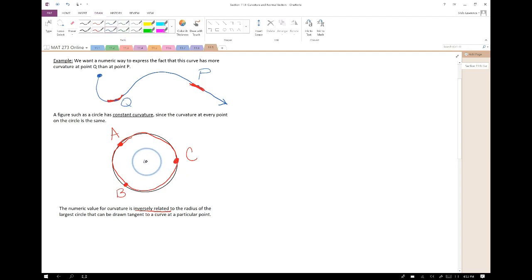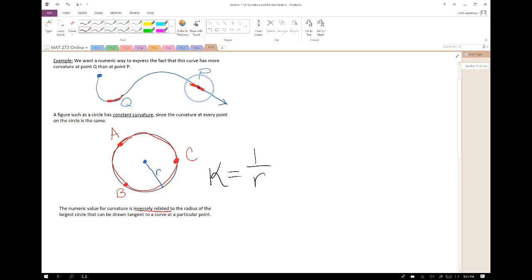So if we say that the circle has radius R, the numeric value for curvature is inversely related to that value. So that would mean K is 1 over R. Since this is an inverse relationship, the larger the circle is, the smaller the curvature. The smaller the circle, the larger the curvature.